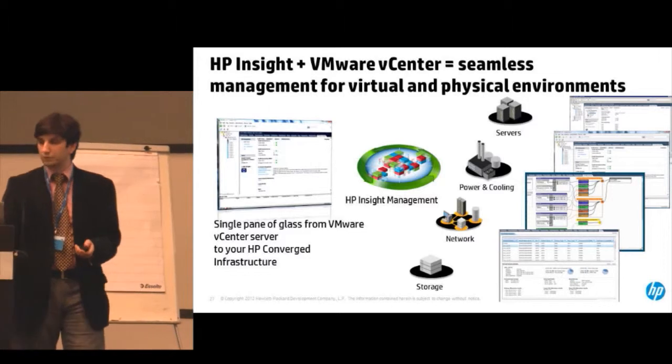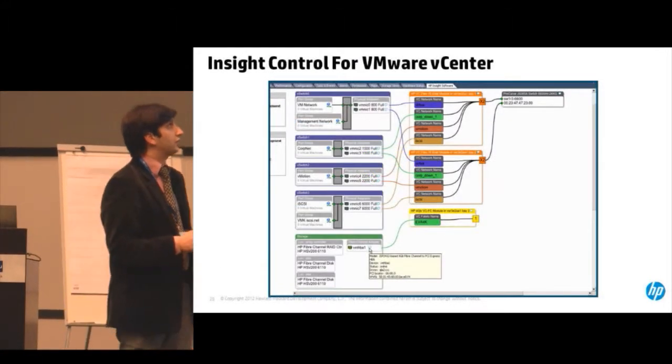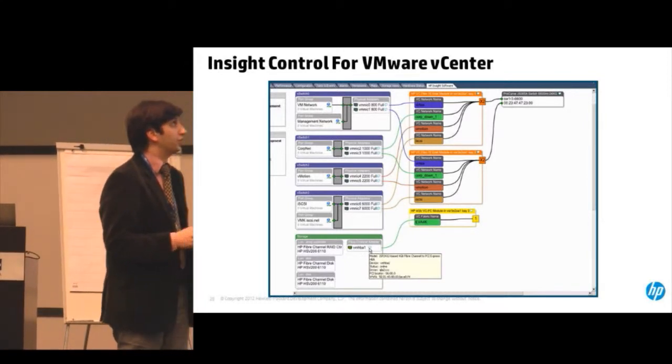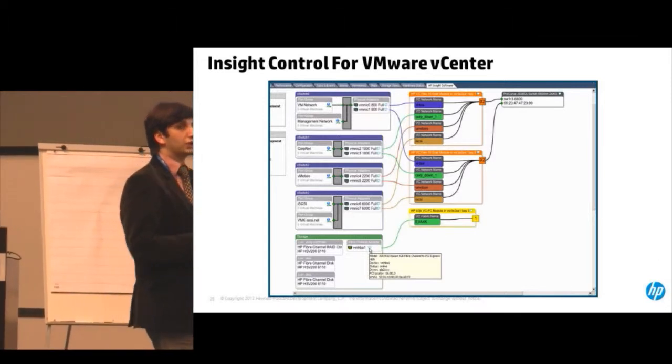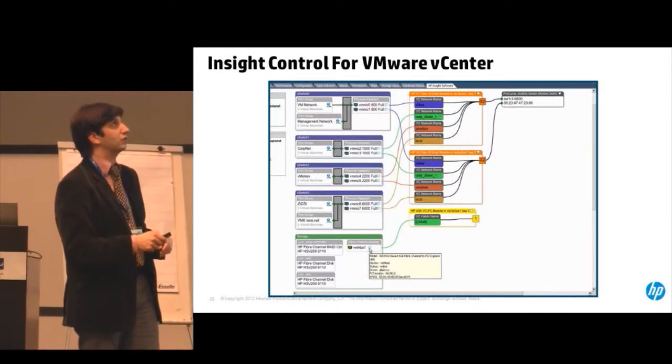And one of the parts of it is providing the vCenter, the virtual infrastructure administrator, the complete picture of how the networking connectivity is organized, taking into account our Virtual Connect modules and external switches.